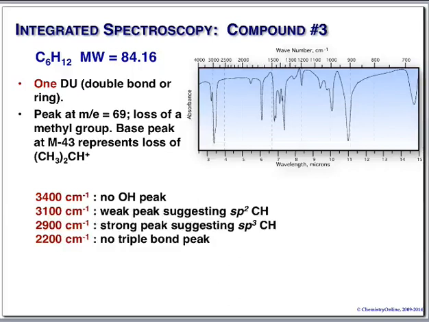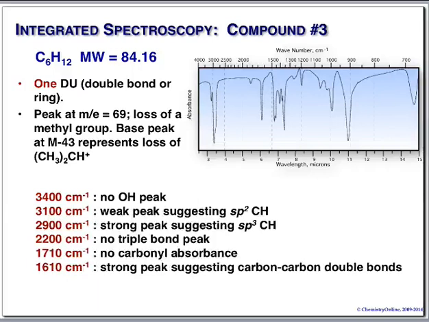Here at 1700, we have no carbonyl. At 1600, actually it's a little bit high, about 1640 or so. Looks like we have a very nice carbon-carbon double bond stretch. Our conclusion, we have an alkene based on that, and one DU. And that's about it, and a lot of CHs.